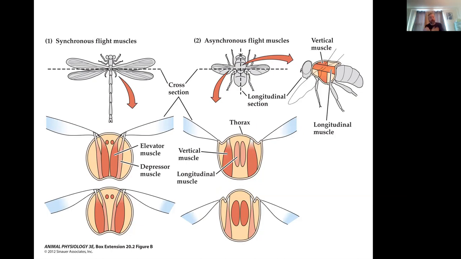And then we do the opposite all over again. We relax the longitudinal muscles, the cuticle lengthens, gets shorter. At the same time, the vertical muscles are continuing to pull it down, and the wing goes back up. So we don't rely entirely on muscular activity for this. We have a little bit of stored energy, a little bit of muscle activity, very, very efficient.